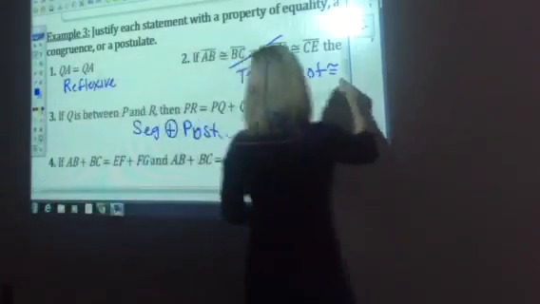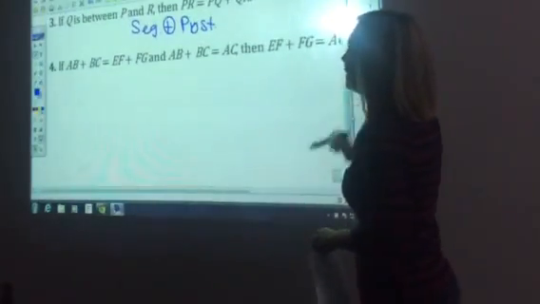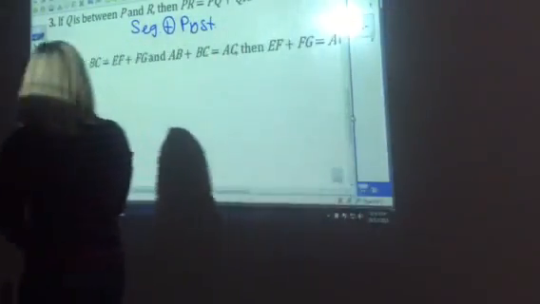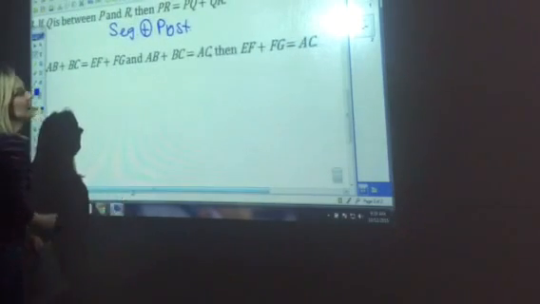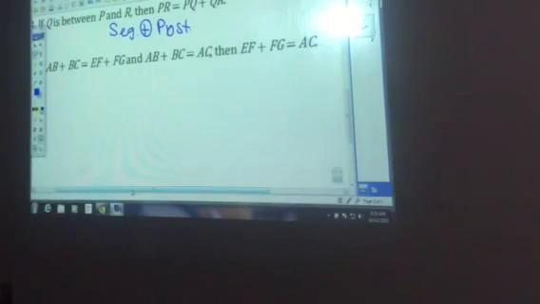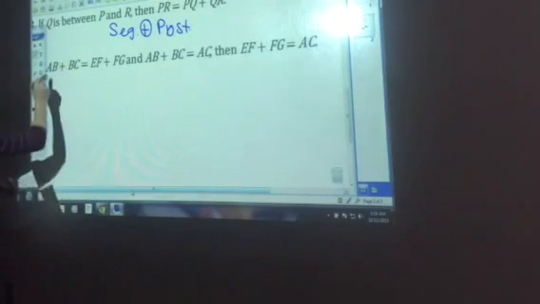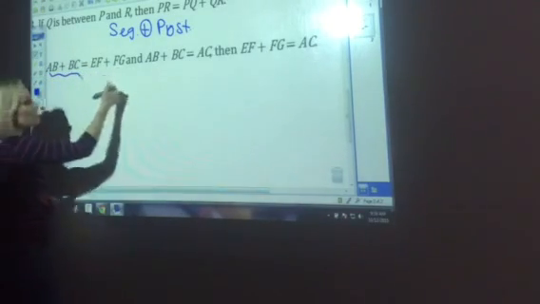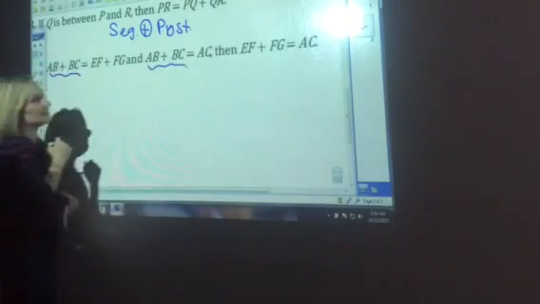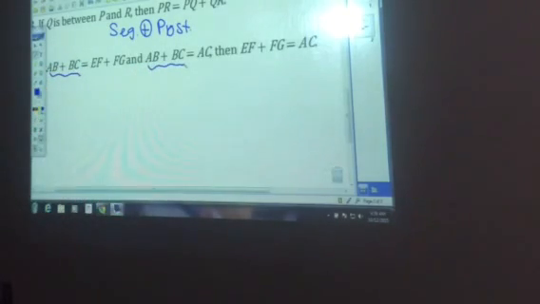And then the last one says, if AB plus BC equals EF plus FG, and AB plus BC equals AC, then EF plus FG is equal to AC. Right here, they're saying that AB plus BC equals EF plus FG, and also AB plus BC equals AC.